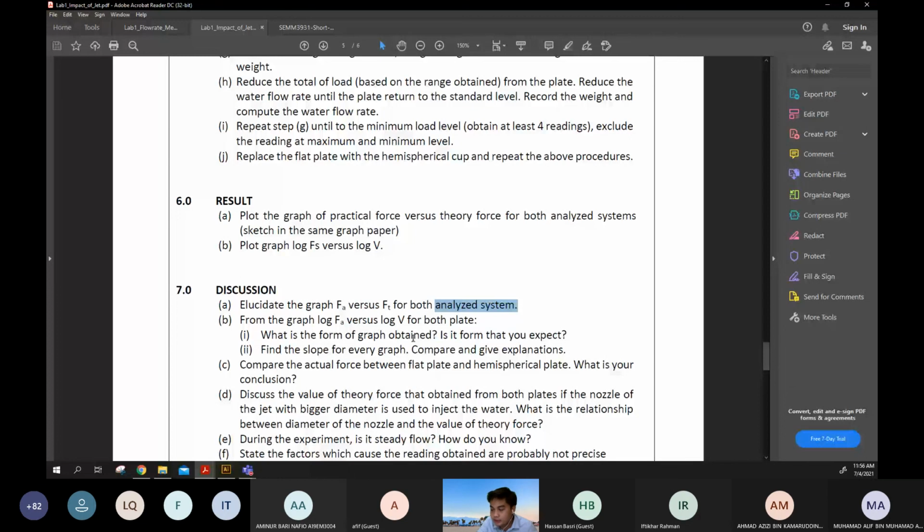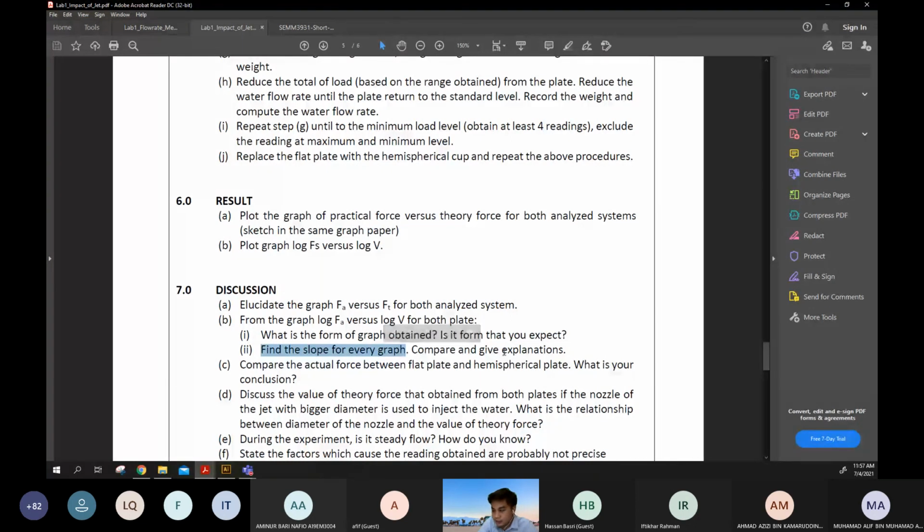Is it quadratic, straight line, or vice versa? Is it the form that you expect? If it is the form that you expect, please give the explanation. Why do you expect this? Don't just say this is my expectation. Please give enough information in order for you to score well. And secondly, find the slope of every graph. You need to find the gradient.